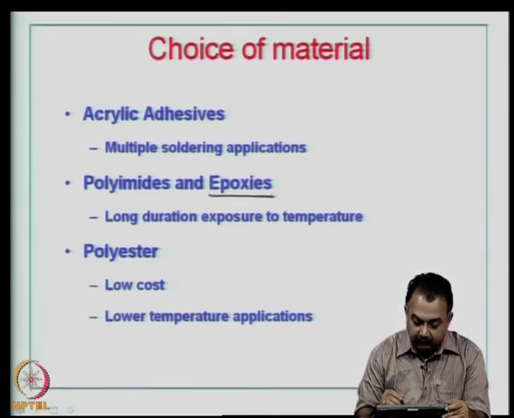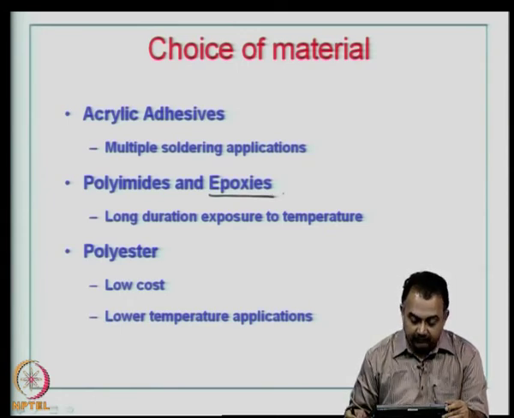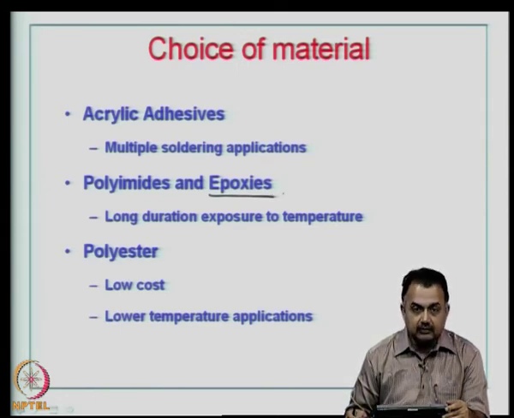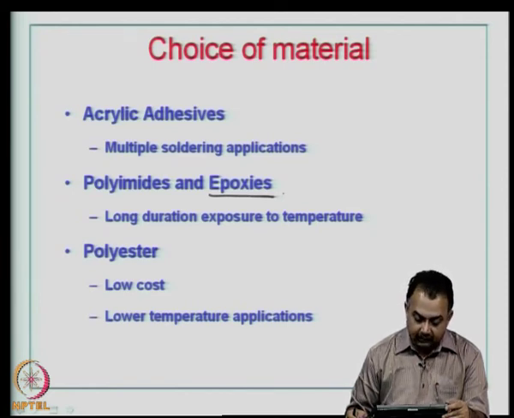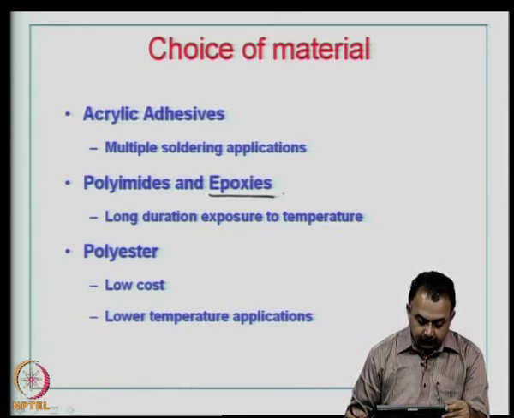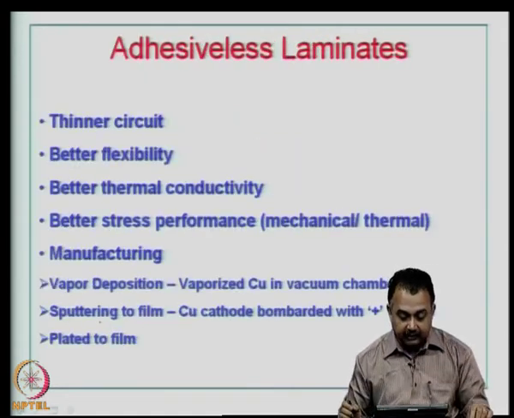One would like to use epoxies because they are cost effective. Long duration exposure to temperature is possible, and you can see fewer defects with these kinds of materials. Polyester is low cost and used for low temperature applications.